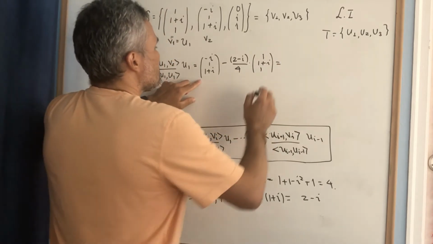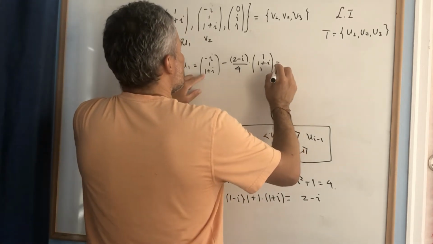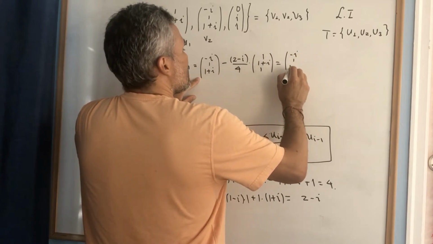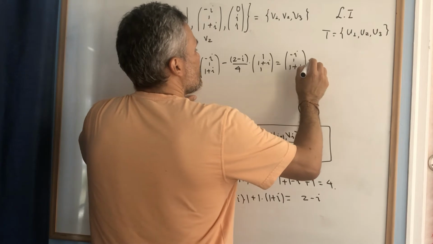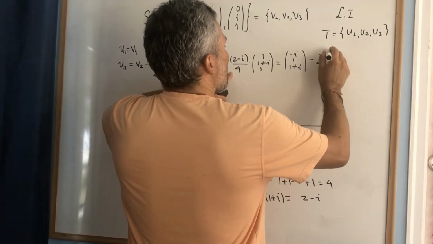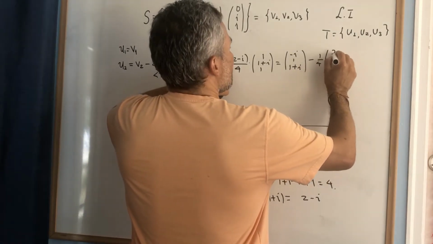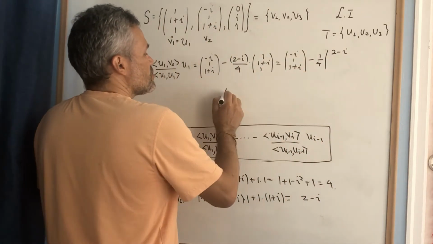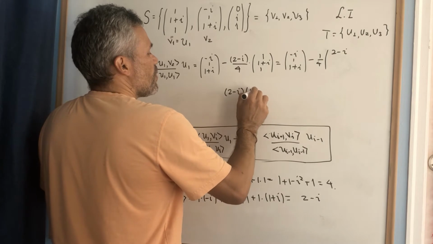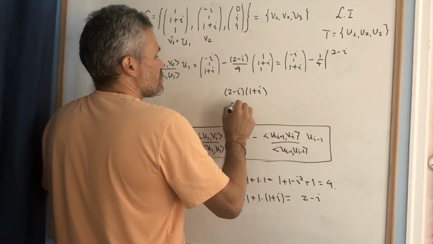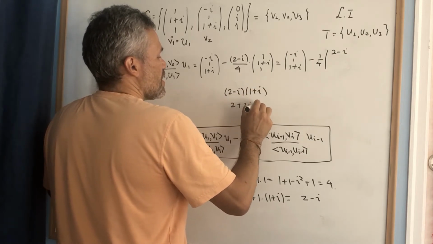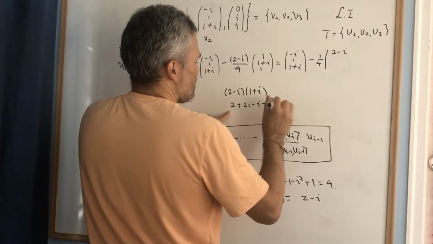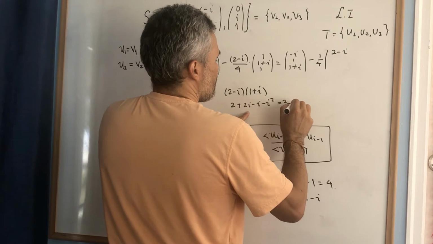Let's multiply. This is (-i, 1, 1+i) minus 1/4 of (2 minus i) times (1, 1+i, 1). Here we have 2 minus i times 1 plus i, which is 2 plus 2i minus i squared, so positive 1 plus 2 is 3, plus i.